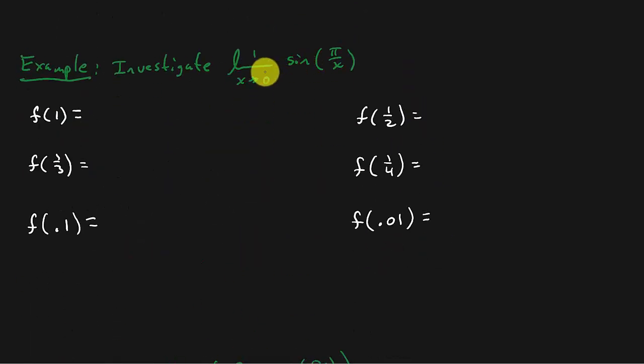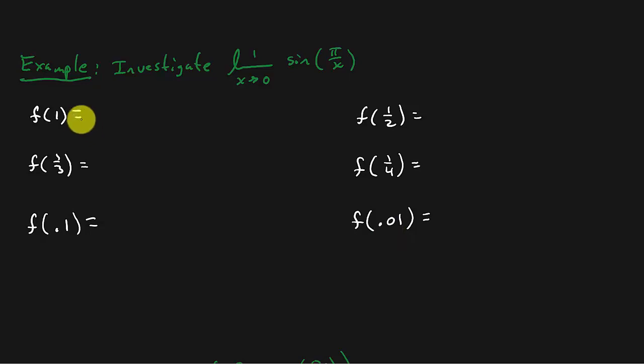We've got the limit of sine of pi over x as x goes to 0. So what I've done is I've picked some values. I didn't come in from the left and the right; I'm just going to come in from the right just to show you something.